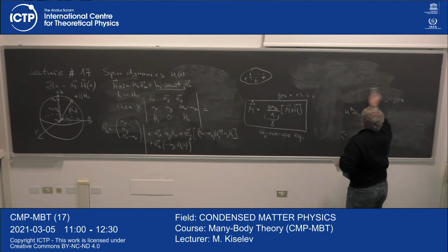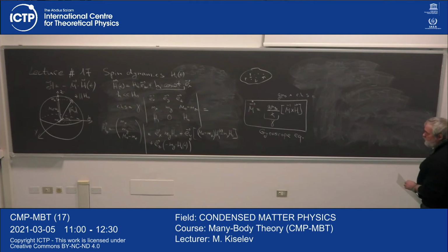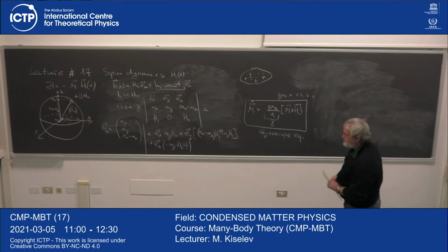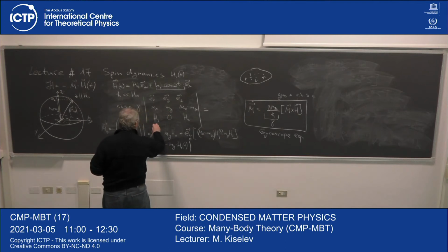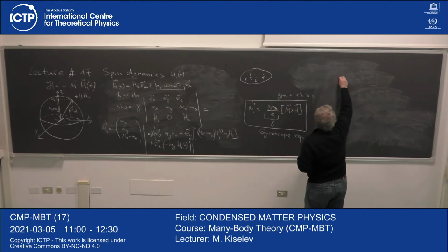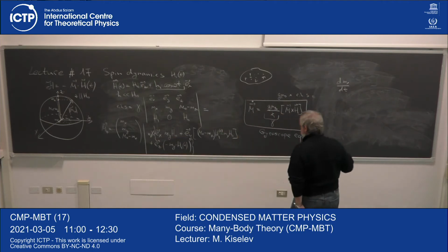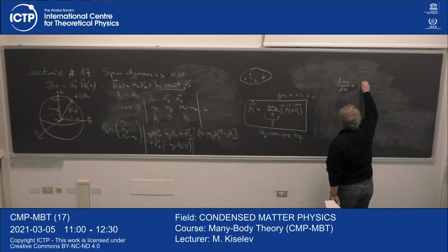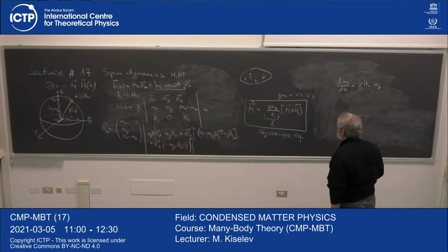I will keep this central equation for 10 minutes. So now I'm ready to write down my equation component by component. Of course, everything is multiplied by gamma. So, dmx over dt is equal to gamma h node times m1.